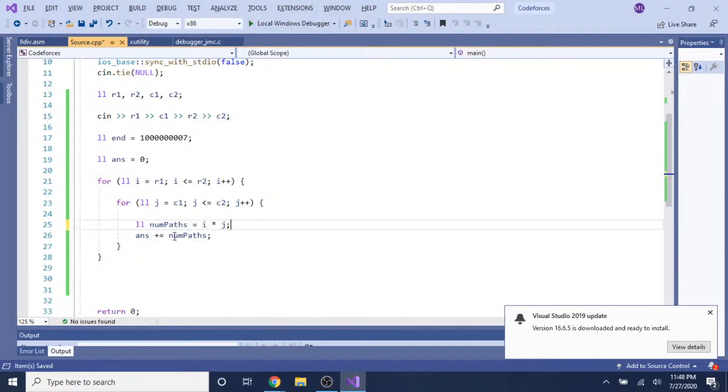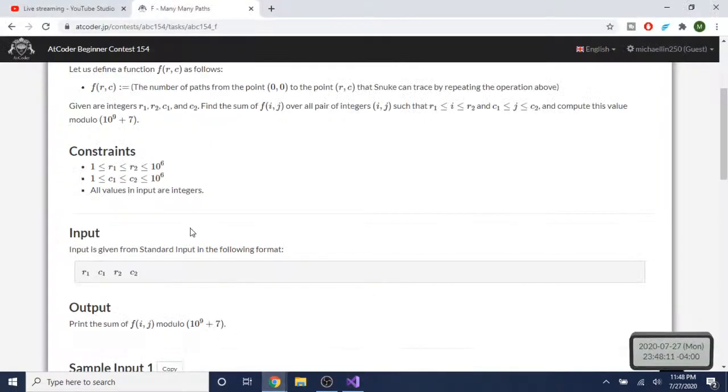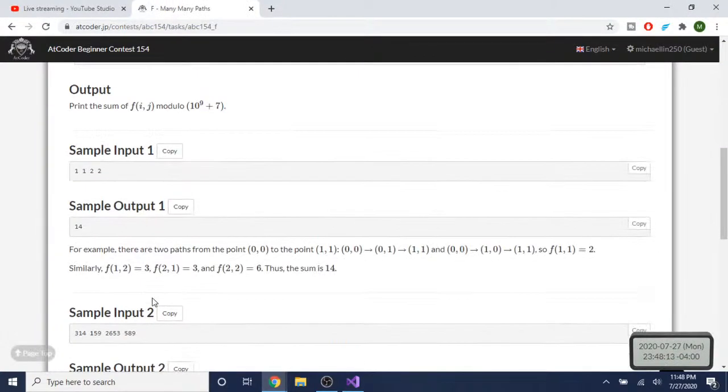So if you remember, because we need to avoid overflow, right? Because we need to mod it by 10 to the 9 plus 7. If the number gets too large, that's a bad idea. So what we're going to do is mod it by 10 to the 9 plus 7 every single time, and then add it, right? Because you can distribute the mod whenever you add something.